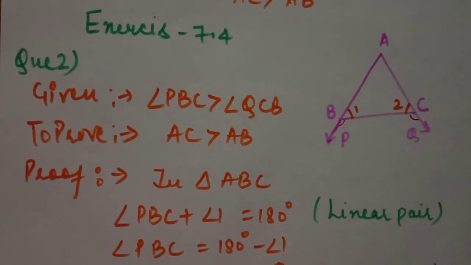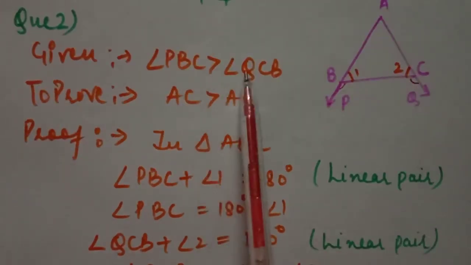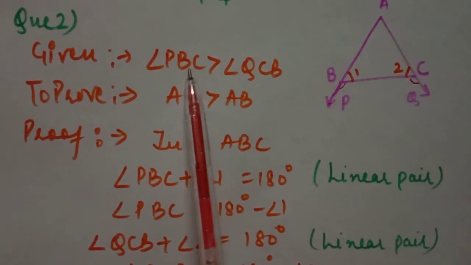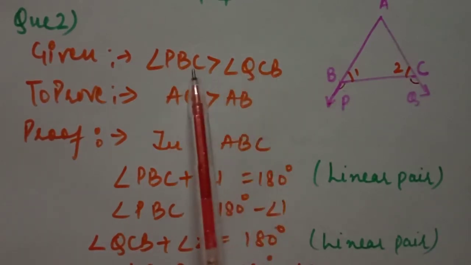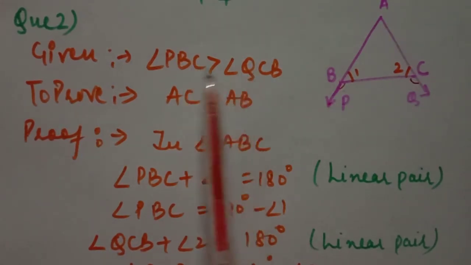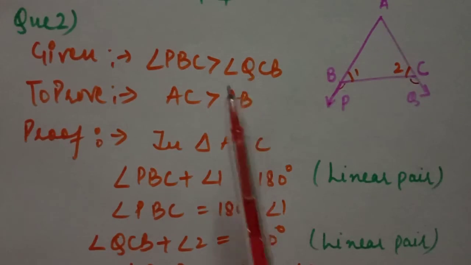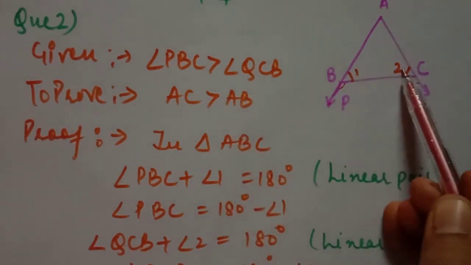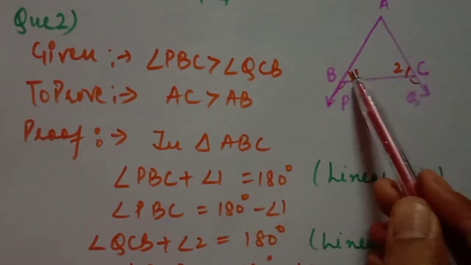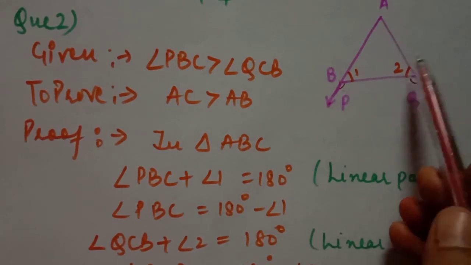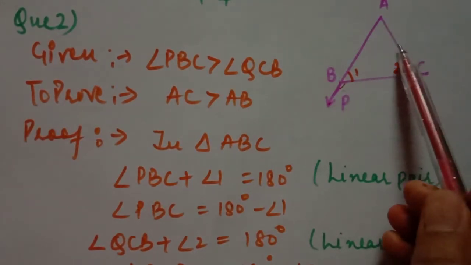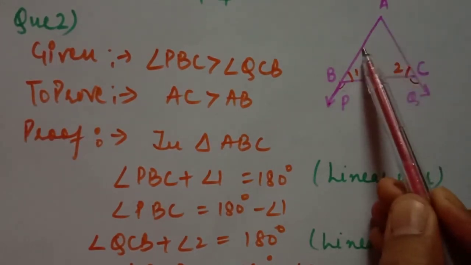So what do we have to do? We have only one relation which is given, that angle PBC is greater than angle QCB. We have to reach from here to angle B and C in the form of angle 1 and 2, because if we have any relation between angle 1 and 2, then according to the theorem we have a relation between sides also.